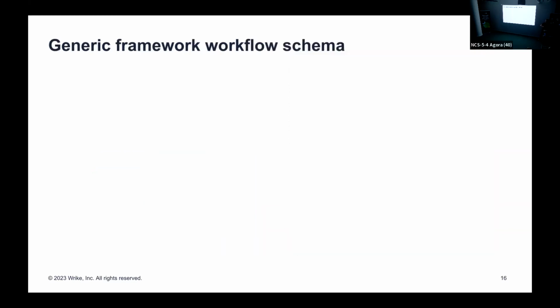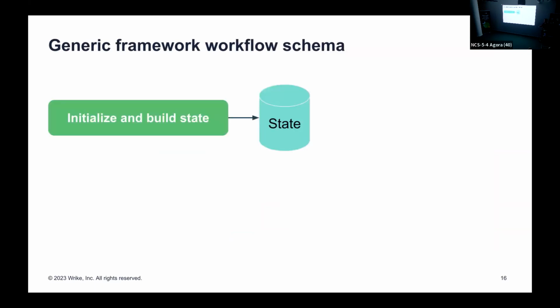Now, let's consider another problem. How does our generic framework work? First of all, it usually builds some initial state. For example, in the case of Spring, it's a Spring context. Then the framework uses the state to do some useful work.